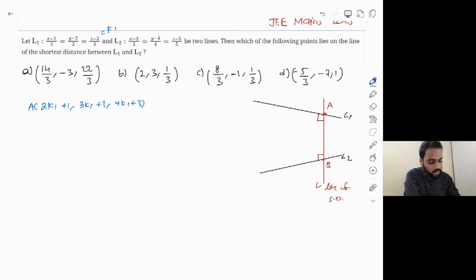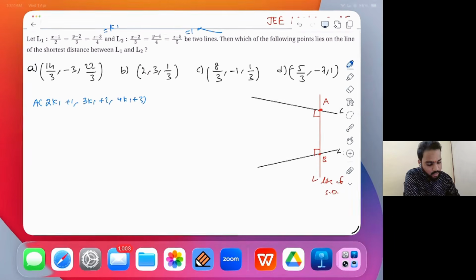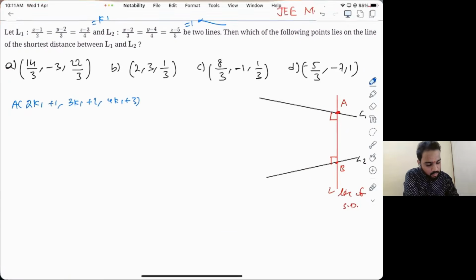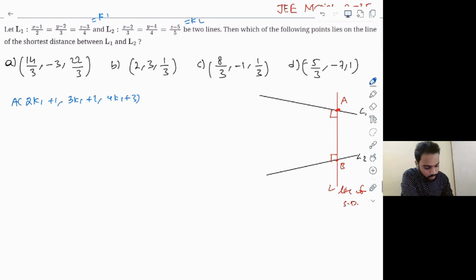Similarly, we'll take the second line equal to some K2 and assume the general point on this one, that is point B, which is clearly 3K2 plus 2, comma, 4K2 plus 4, comma, 5K2 plus 5. So these are the 2 points A and B which are lying on L1 and L2 respectively, and more importantly, they are lying on the line L.